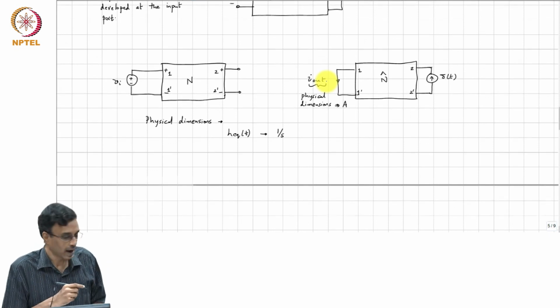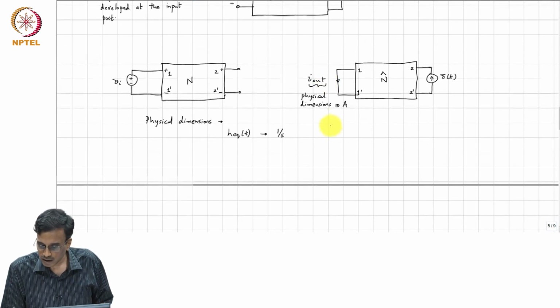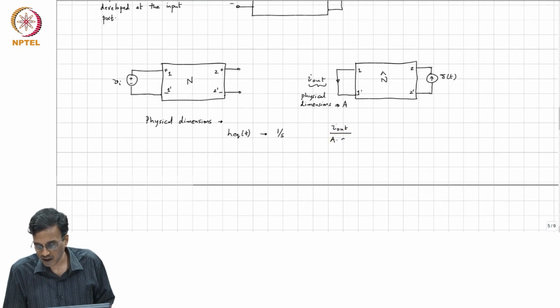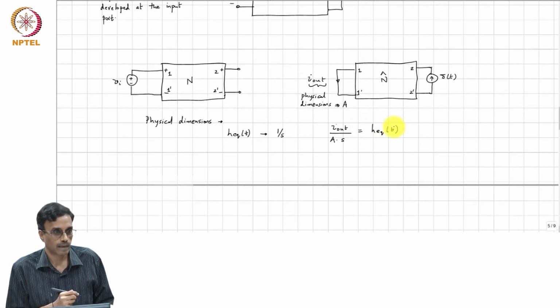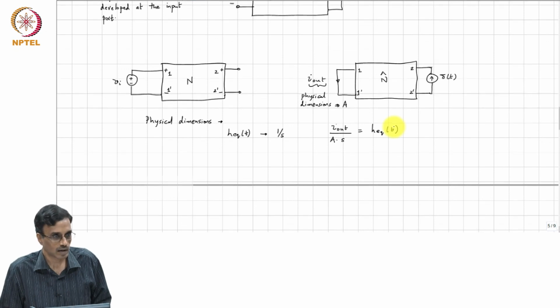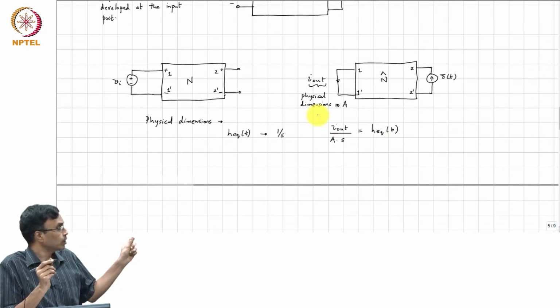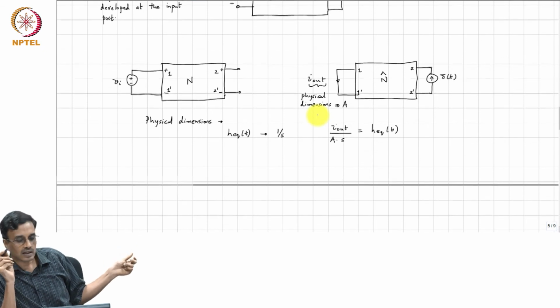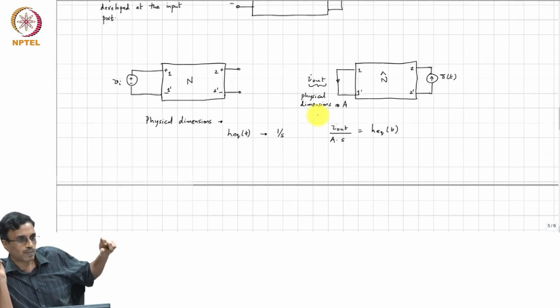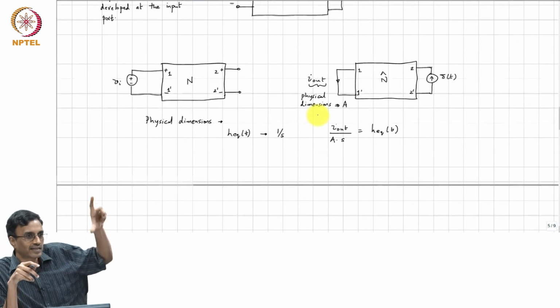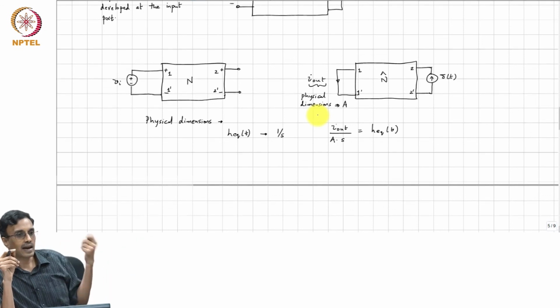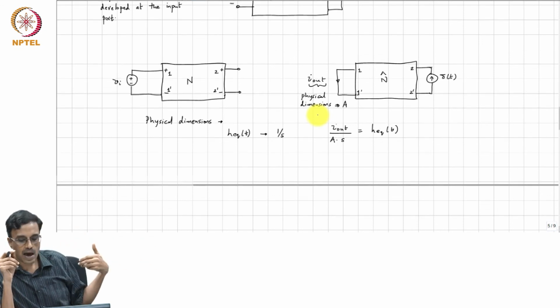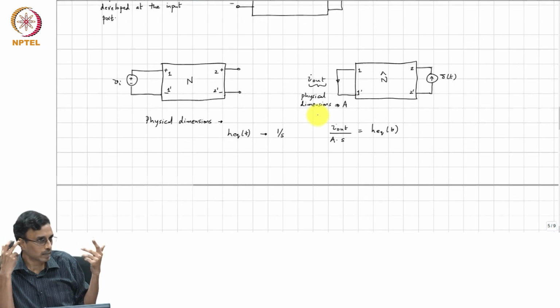So, to get from I out to h equivalent of t, what should you do? I out divided by ampere times second is h equivalent of t. Does it make sense? The output current waveform has the same shape as the impulse response, only the y axis differs: per second is hertz, and I out is amperes. So, you just have to divide by ampere second, which is basically a coulomb.